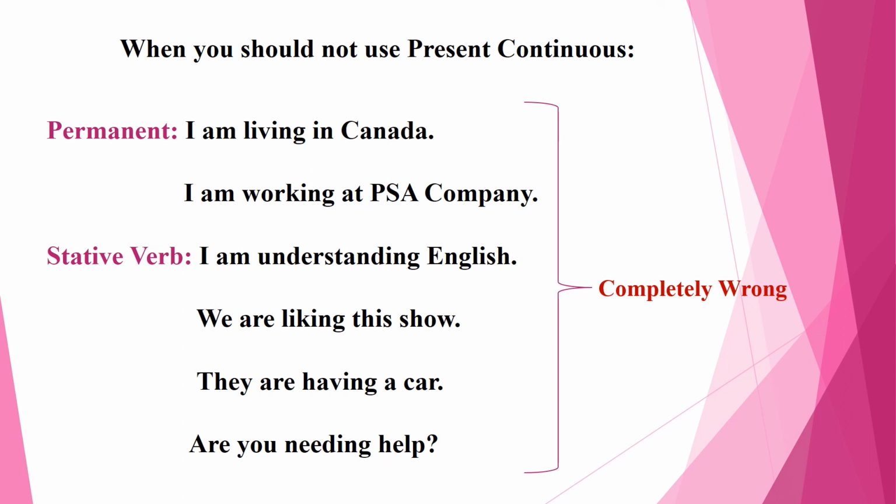When we talk about verbs that refer to what we own or what we have, we cannot use them in continuous form with this tense. So it is wrong to say they are having a car. We need to say we have a car. The last example is the same as the others. The verb need is a stative verb, so it is wrong to say, are you needing help? We need to say, do you need help?